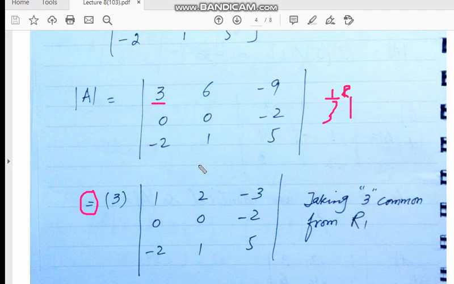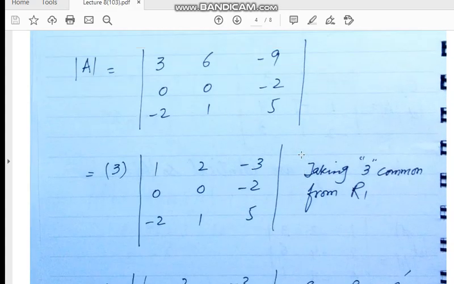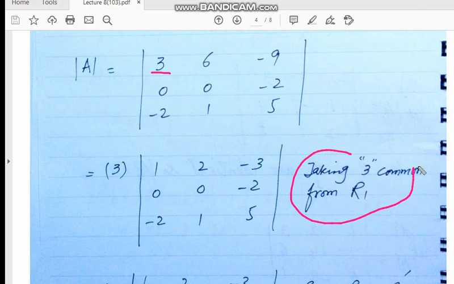But in the case of determinants, whenever we have to make the pivot element equal to 1, we take that number common from that particular row. Here I have to make this 3 equal to 1. How have I made this 3 equal to 1? By taking 3 common from row 1. So this becomes 1, 2 and minus 3. The remaining rows are the same.